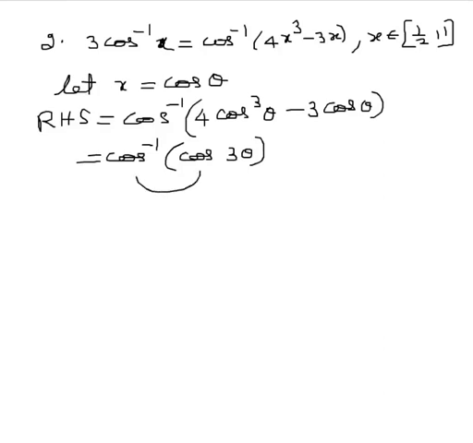Now cos inverse and cos could be cancelled only when 3 theta is in the principal value branch. So let us check. The condition given is half less than or equal to x less than or equal to 1, closed interval. But x is cos theta. Let us take cos inverse throughout.